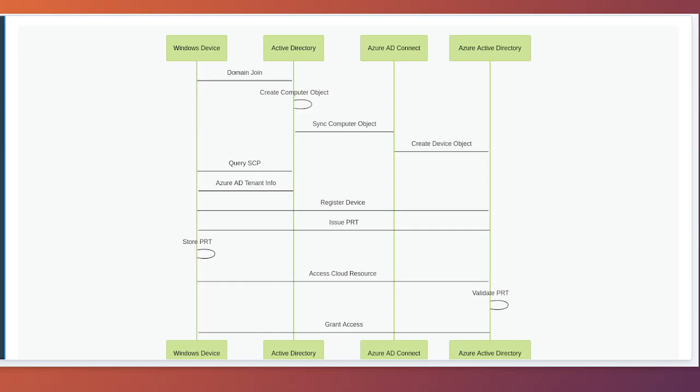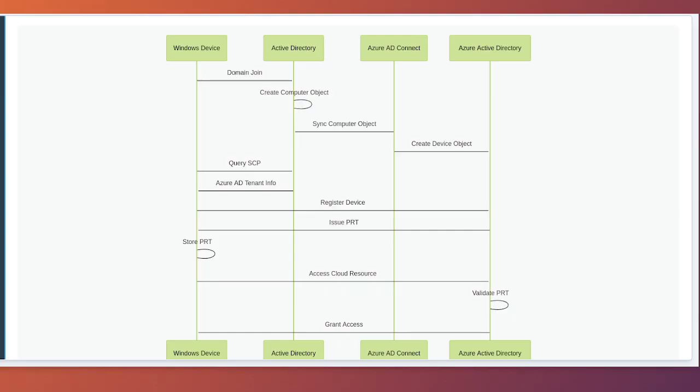The hybrid join process involves several steps coordinated between on-premises and cloud components. When a domain-joined Windows 10 or Windows 11 computer boots up, it queries Active Directory for a service connection point that contains information about the Azure AD tenant. Using this information, the device registers itself with Azure AD using device credentials.